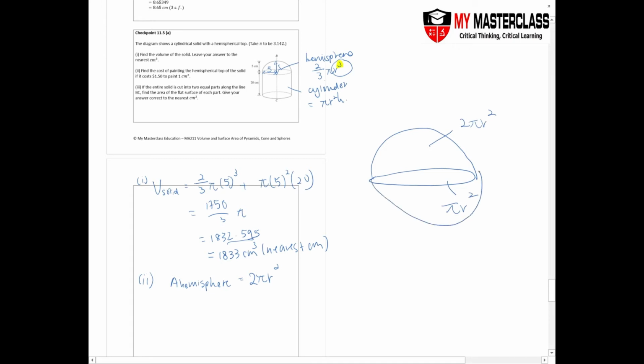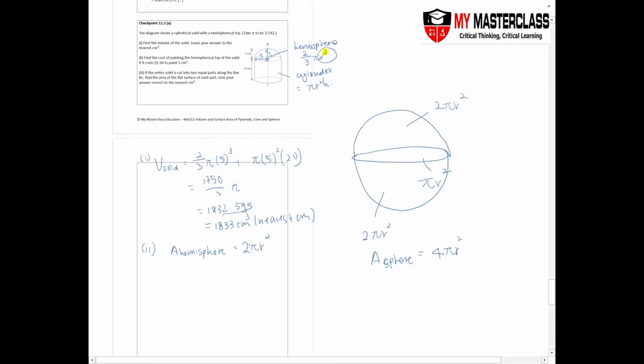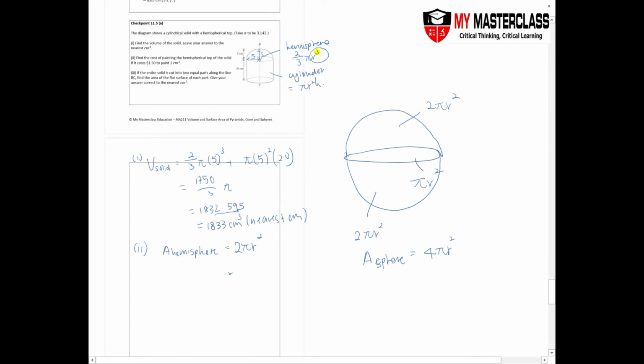If I combine it like that, that means I draw one sphere, this is also 2 pi r square. So you see area of a sphere is 4 pi r square. I'm only taking 2 pi r square here, which is 2 pi 5 square. You have 50 pi.